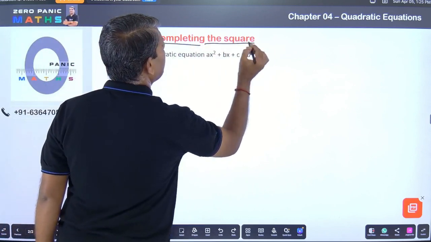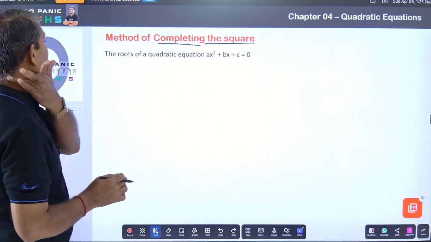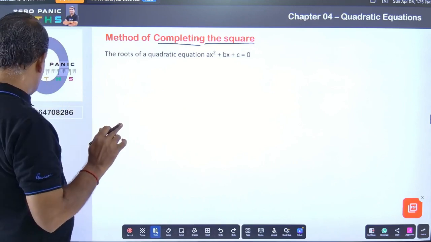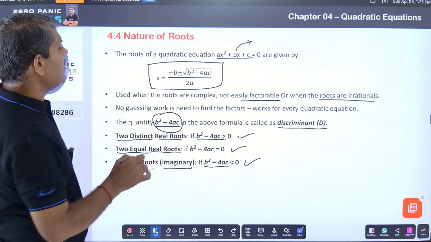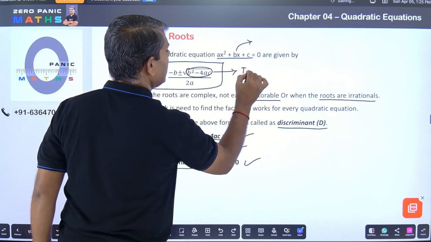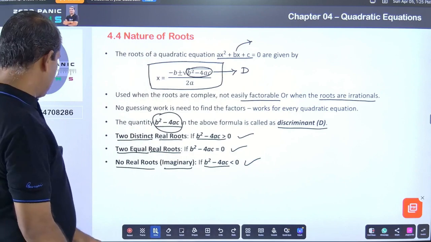Here b square minus 4ac is the discriminant, or D. Remember that.